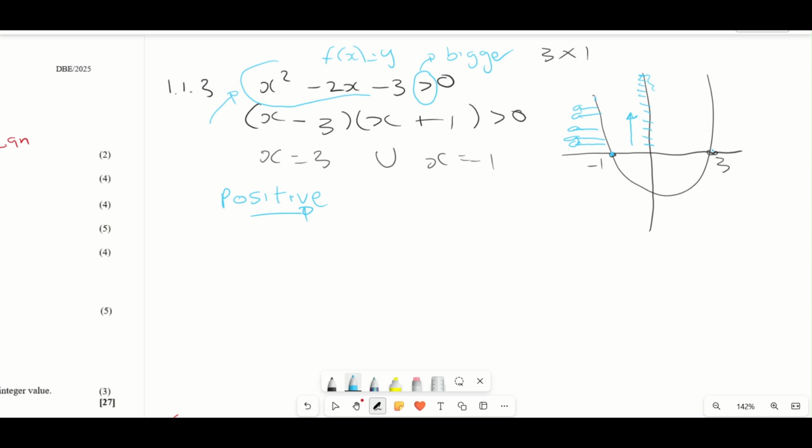And if you look at this side as well, going this way, whatever value I place for x will produce a positive y value.